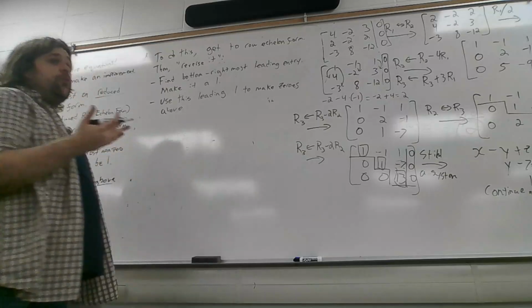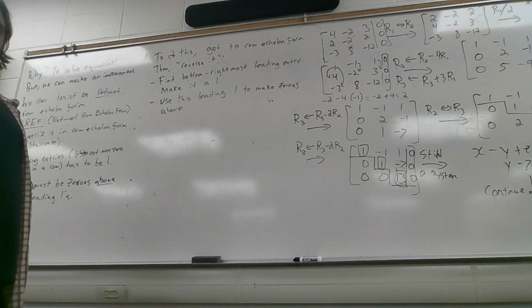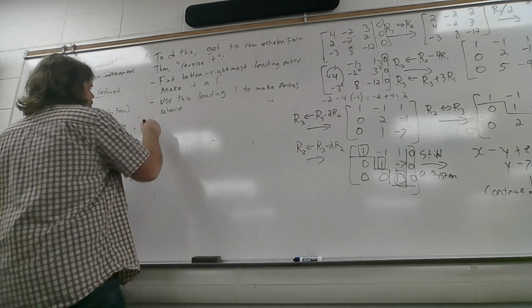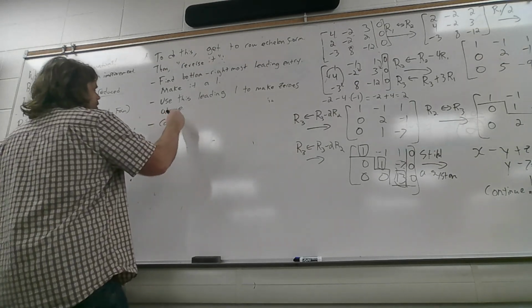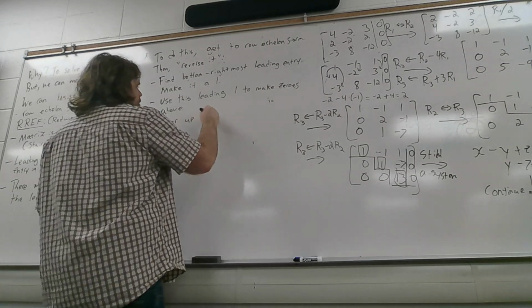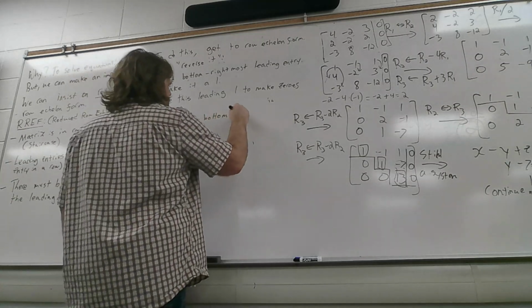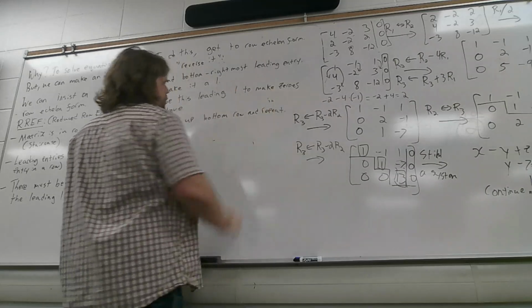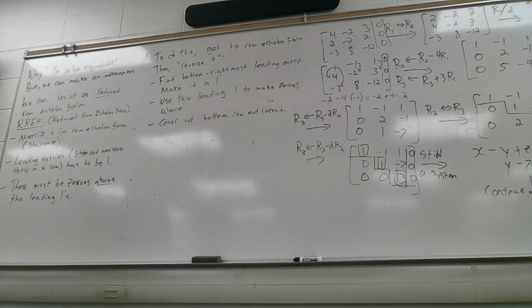So same exact way, we're going to add or subtract multiples of that row to the things above now. Cover up the bottom row and repeat. Right? Just same process. Do it again.